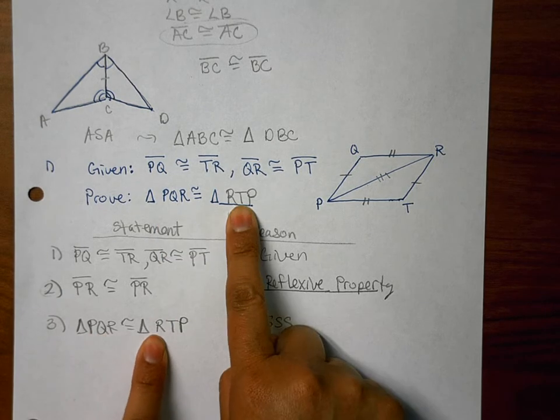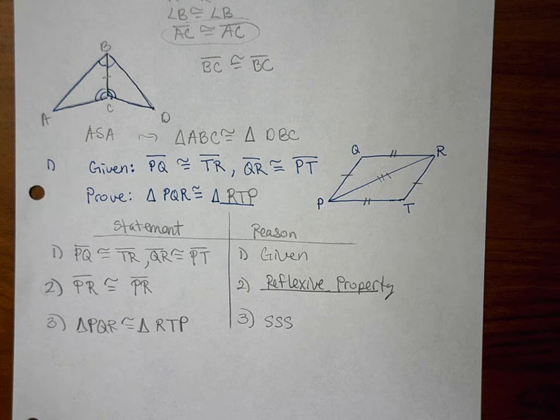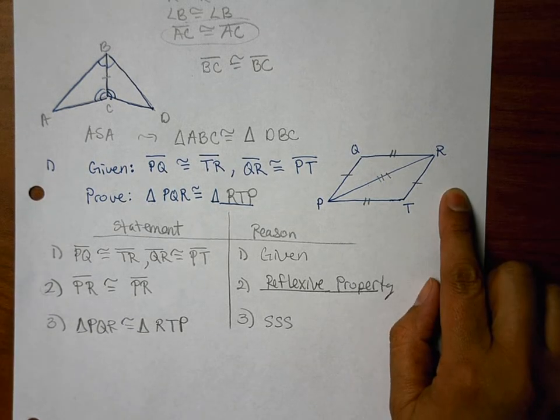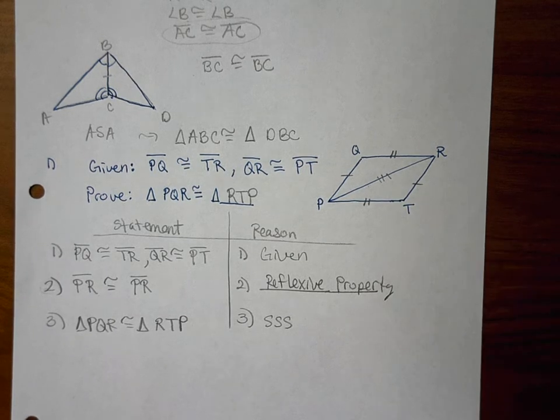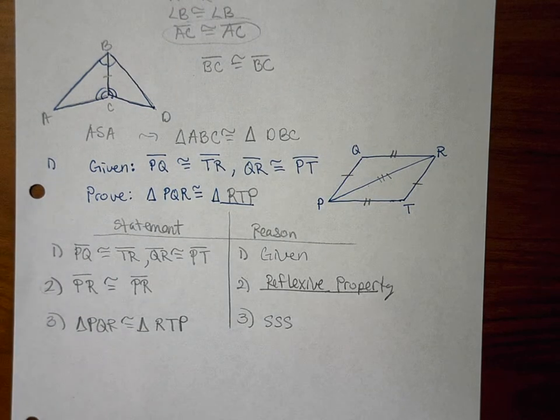Your last step, which is the third one in this case, is what you're trying to prove. I can now say triangle PQR is congruent to triangle RTP. That's what I'm trying to prove. And your reason is why. Why are you able to say that? In this particular case, it's because of side, side, side.